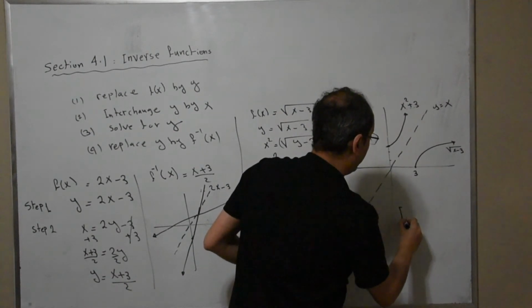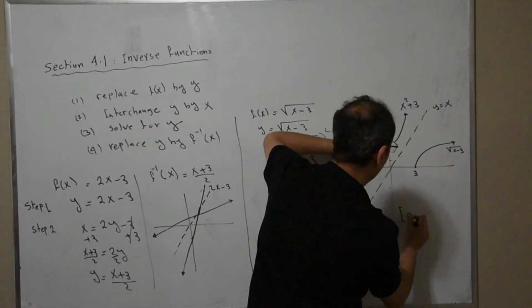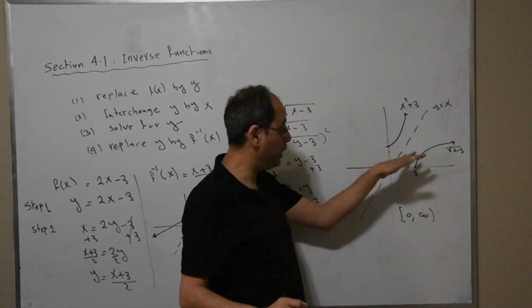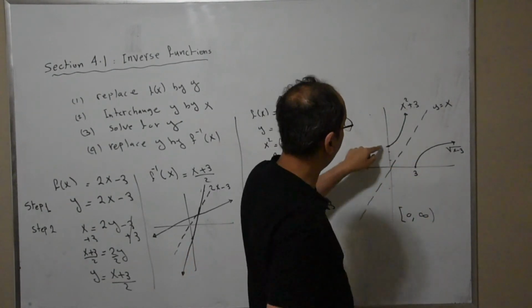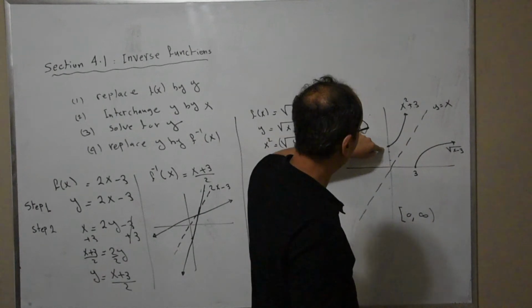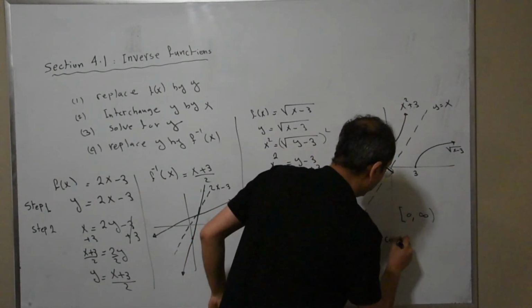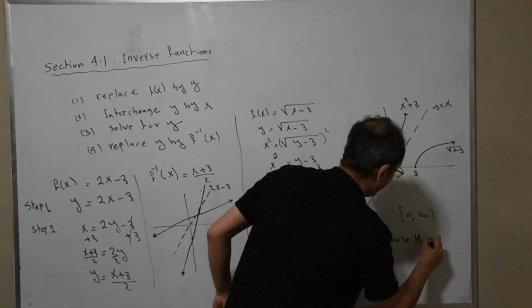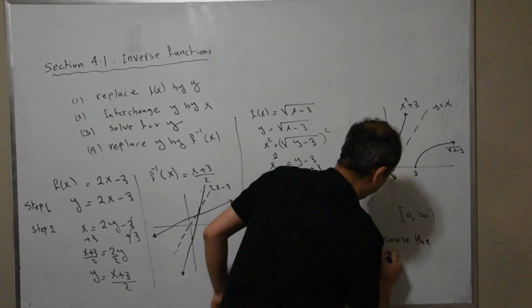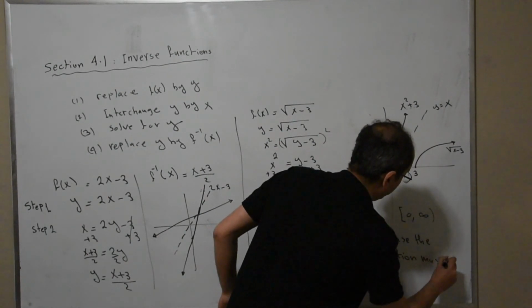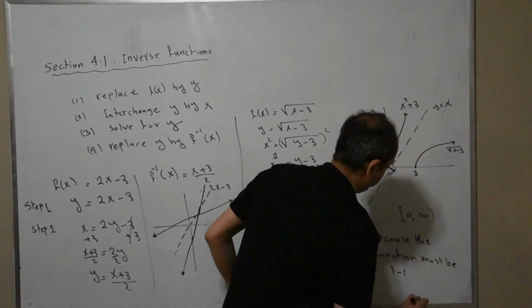The domain is from 0 to infinity. So instead of from negative infinity to infinity, I have to restrict the domain from 0 to infinity. Why? Because the function must be 1 to 1.